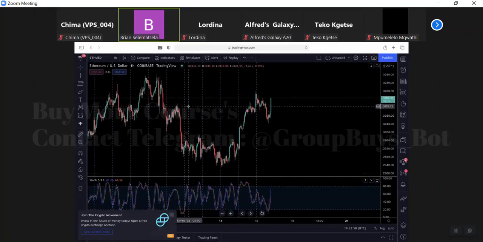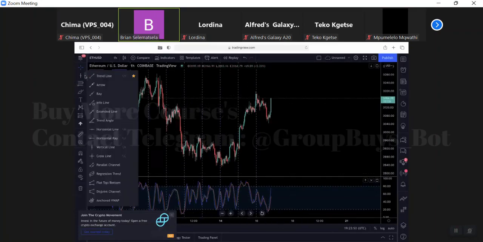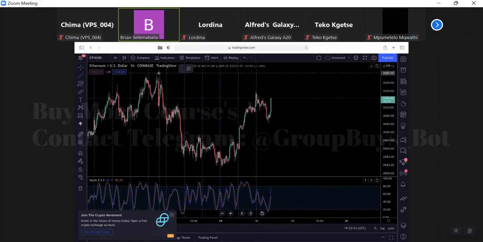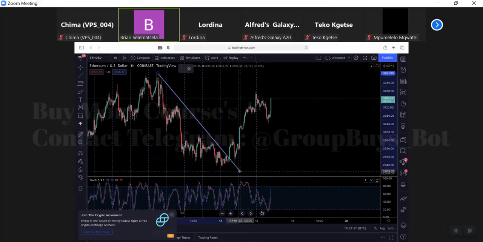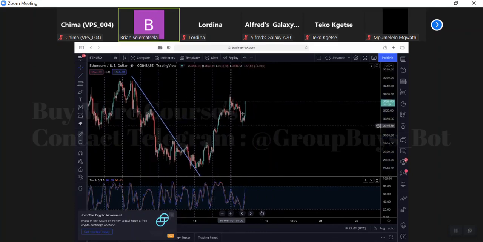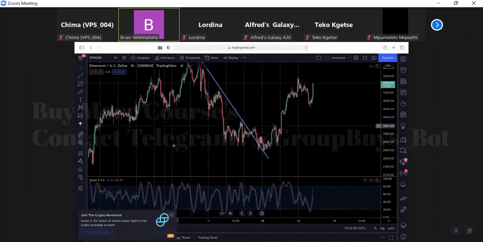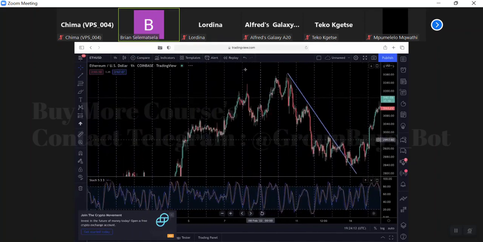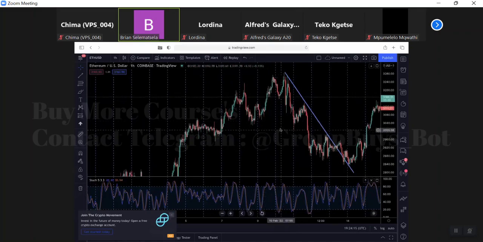It moves the same as Bitcoin, so I don't see any difference there. So now it is still even going up because it makes sense. So even this one, I would have definitely known what is going to happen about it.